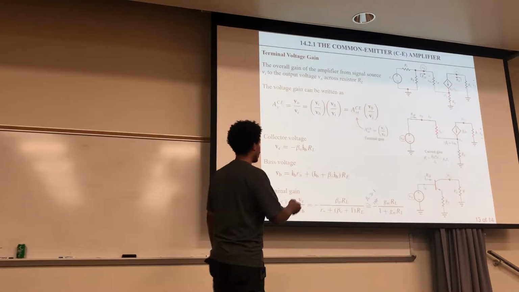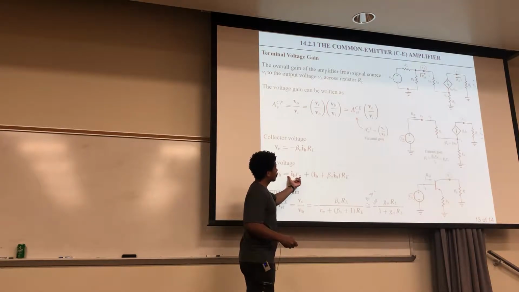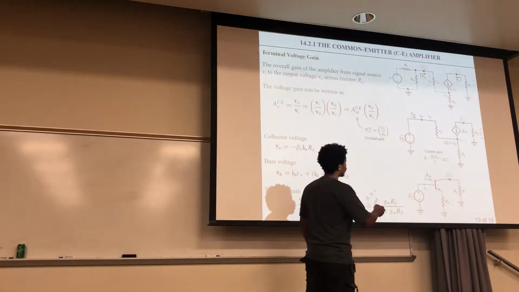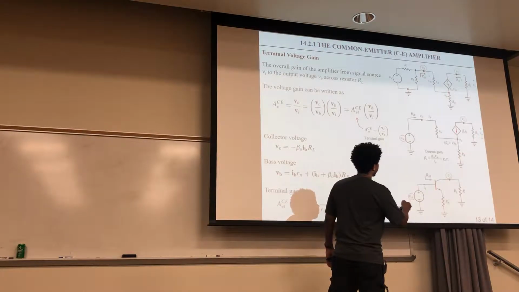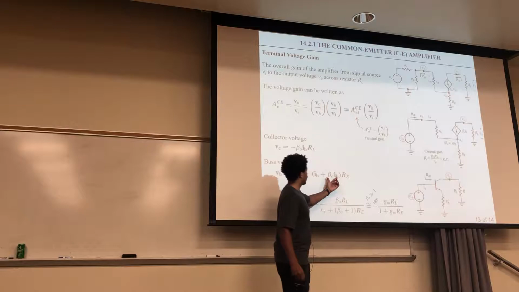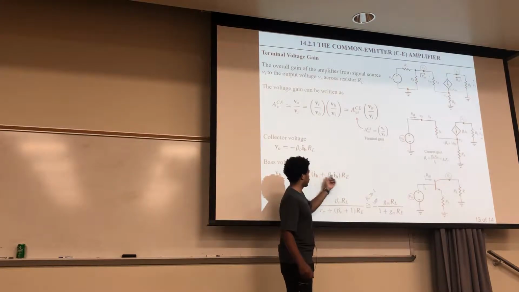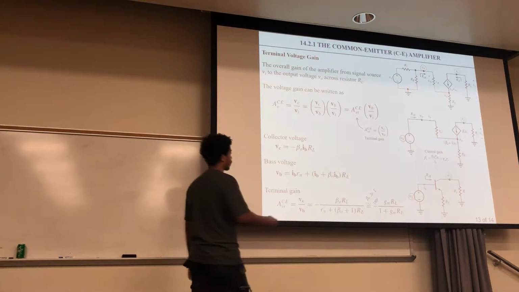So there's a voltage drop. That's what this is right here. And then through this resistor, this RE, you have this current right here, which is the beta IB, and then you have this IB, and they're all going through right here. So that's where this comes from. Your IB plus your beta IB, and they're being multiplied by that resistance. So it's the sum of those currents going through there.